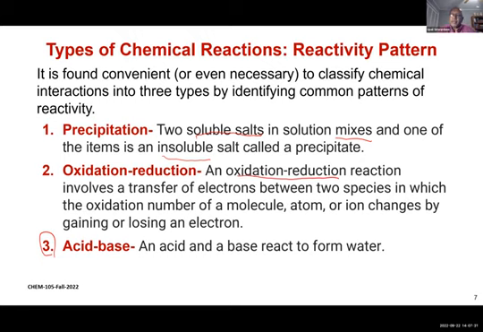So these are the main 3 types of reactions that we're going to discuss. We're going to start with precipitation, go into acid-base, go into oxidation reduction. In this chapter, we focus on the first. In chapter 8, we're going to talk about acid-base reactions.